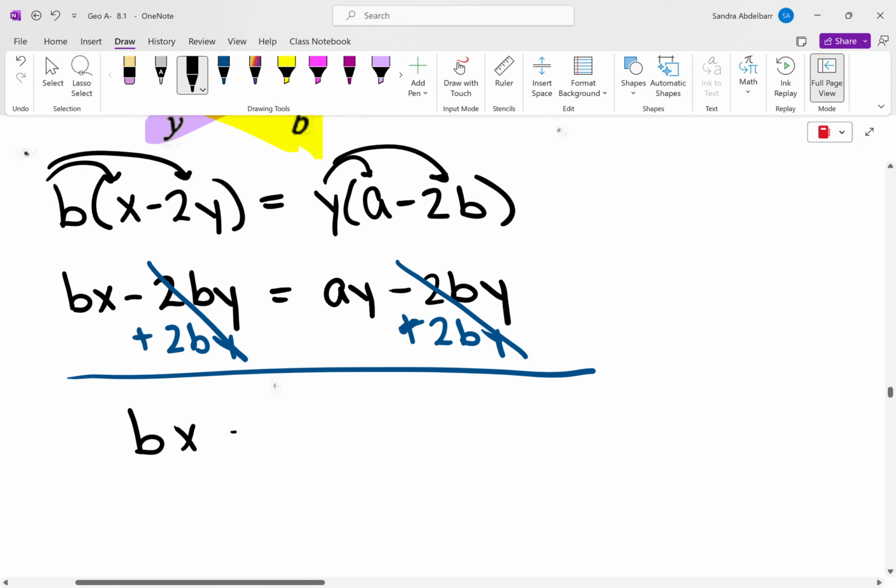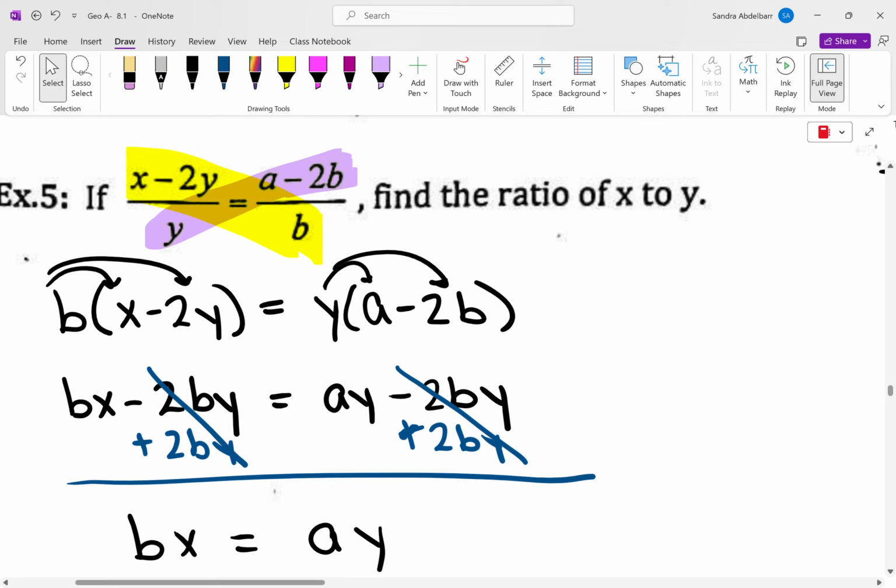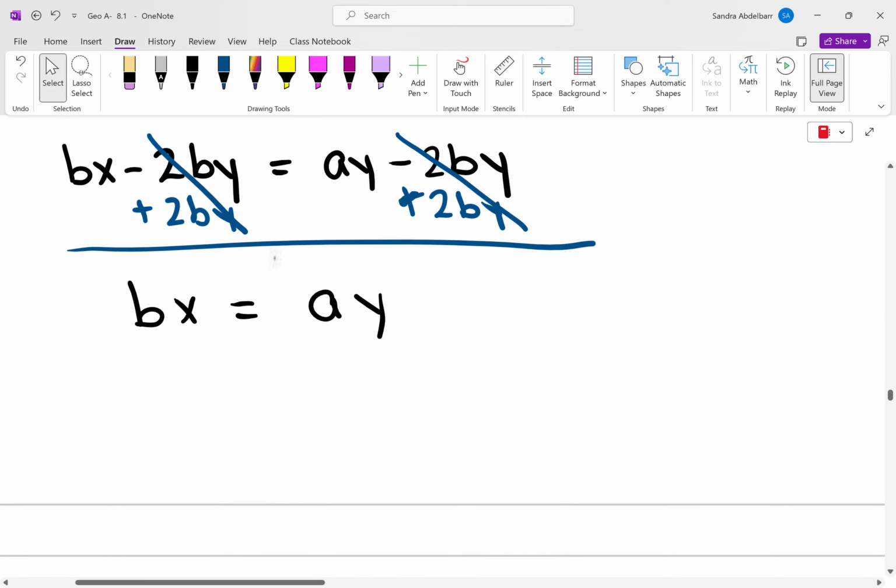They cancel. So now we have bx is equal to ay. Now we can manipulate this and put it back into the ratio of, what was it? Was it x to y? Yep, now we can put it back in the ratio of x to y.